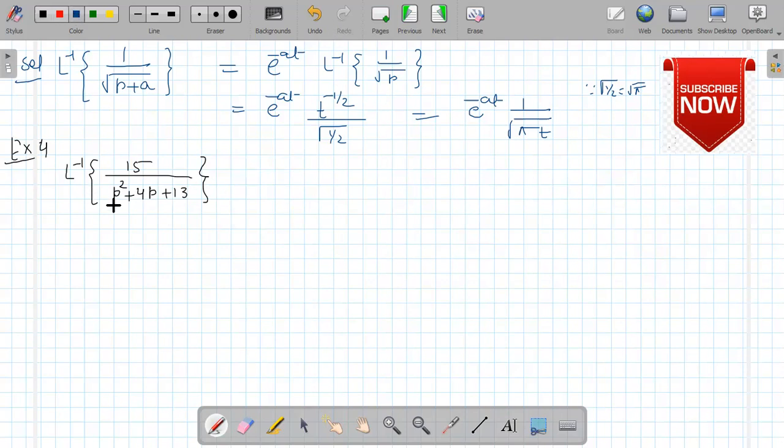Again we make it perfect square. This is equal to Laplace inverse of 15 over p plus 2 whole square, I think. And 9 is left, so we can write 3 square.